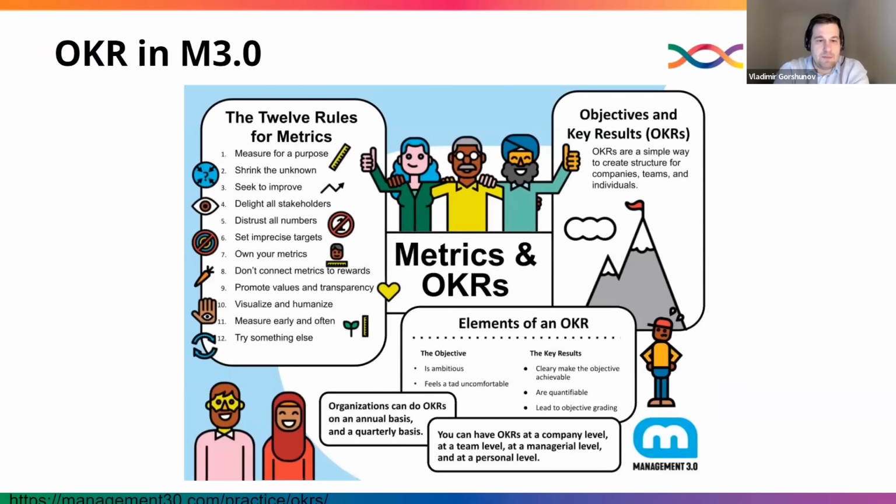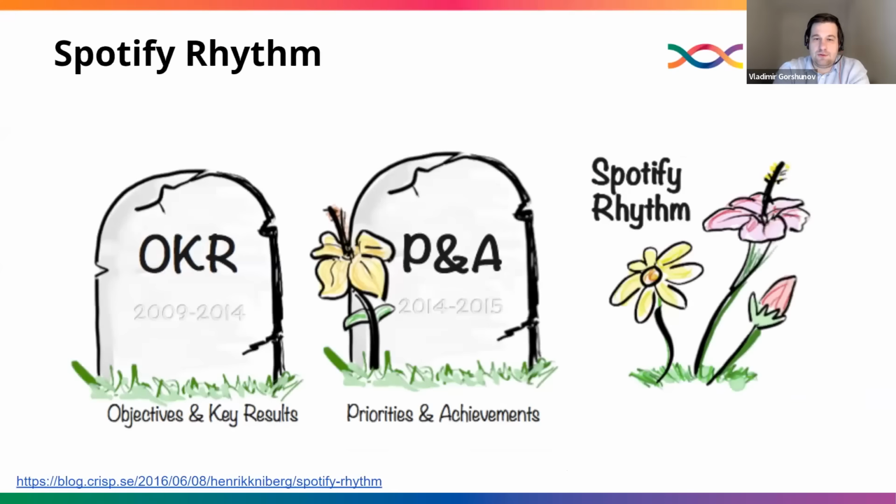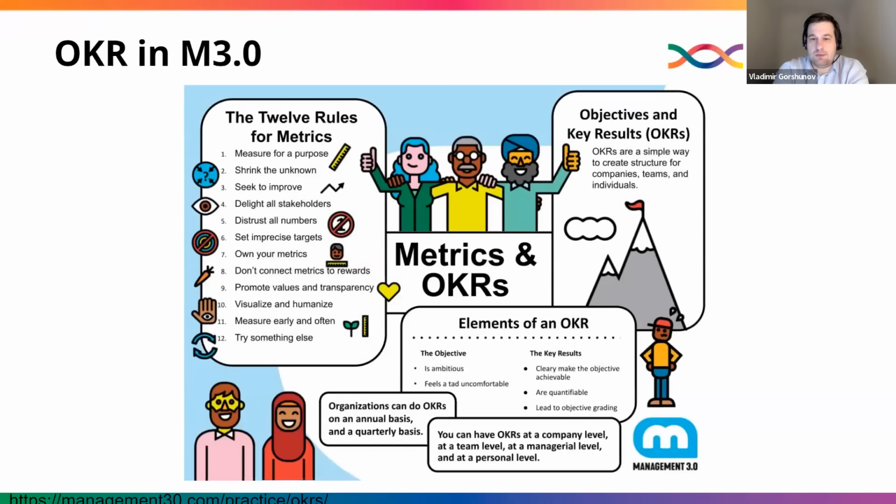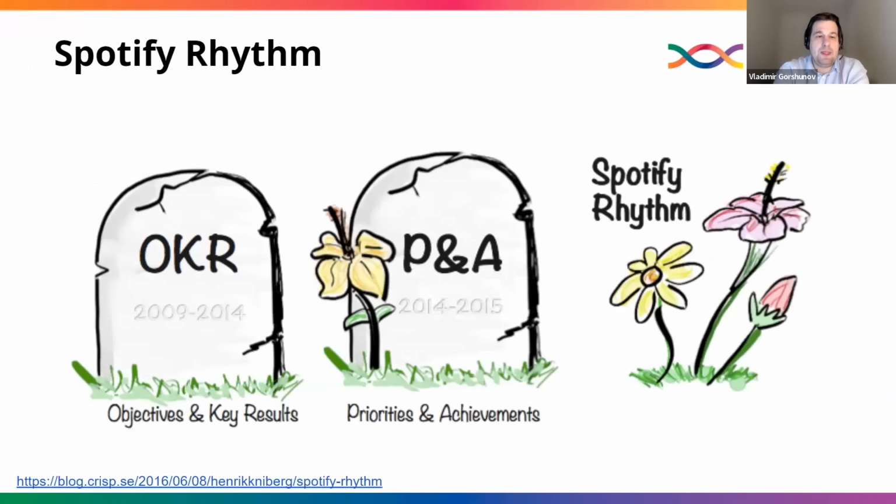So again, feel free to find more about it on the Management 3.0 website. It's publicly available. The other interesting example I want to quickly cover is the Spotify rhythm that gets promoted by Henrik Kniberg.